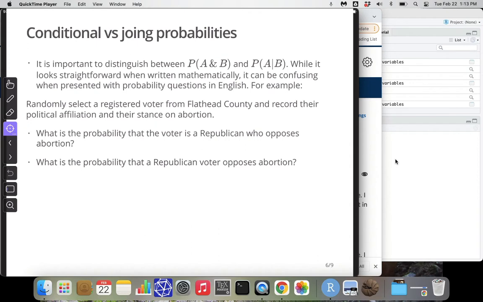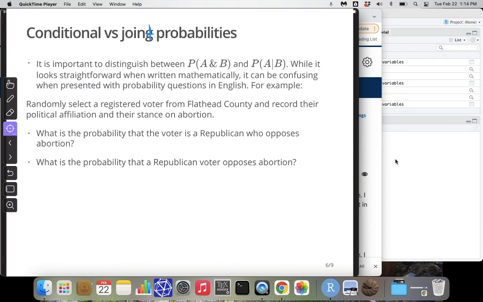But before we go into that further, we want to make a distinction between conditional versus joint probabilities. Sorry, there's a typo in there. That should be a joint probability. So joint probabilities are the probability of A and B both occurring, while a conditional probability is the probability of some event occurring given that another event has already occurred.